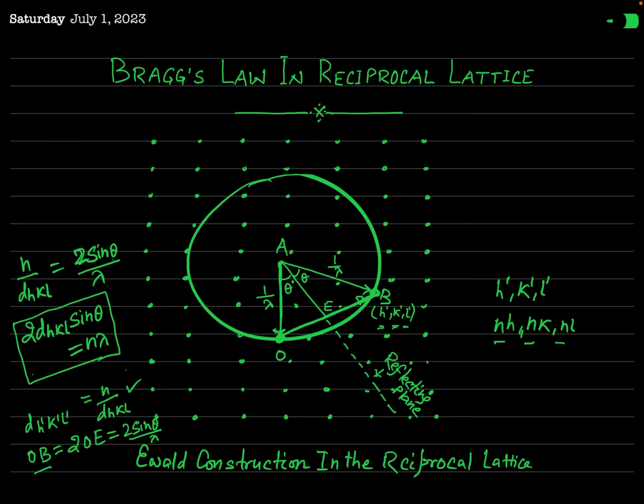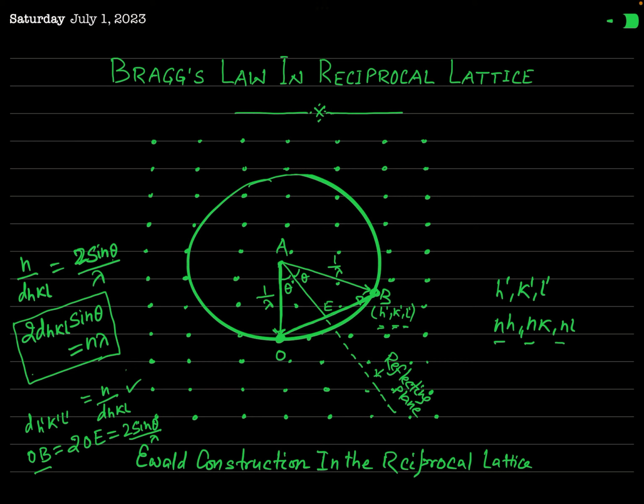This is also evident from this geometrical construction, that Bragg's condition will be satisfied for a given wavelength lambda, provided the surface of radius 1 over lambda drawn about the point A intersects a point of the reciprocal lattice. This construction which I have made here is known as the Ewald construction.